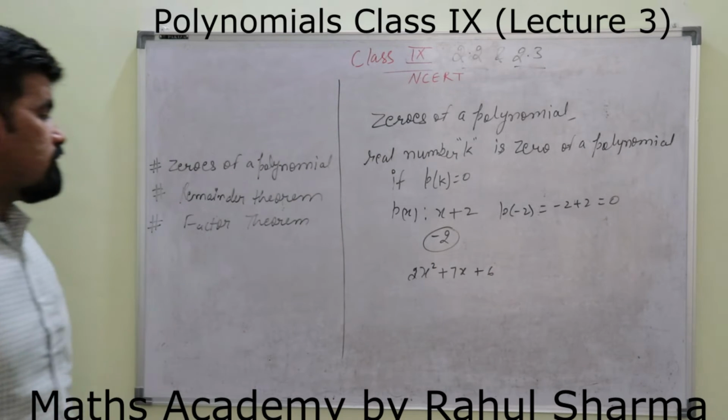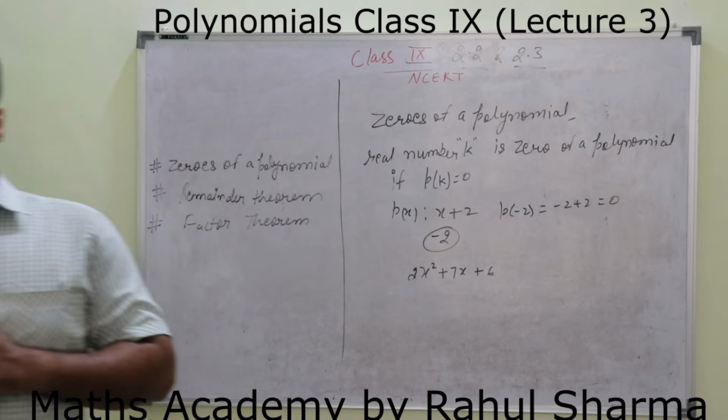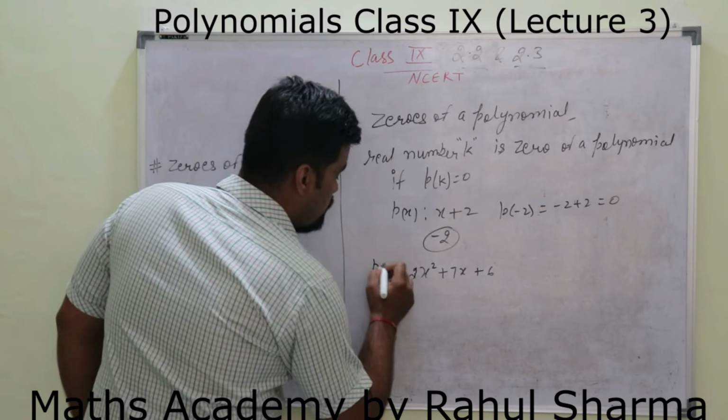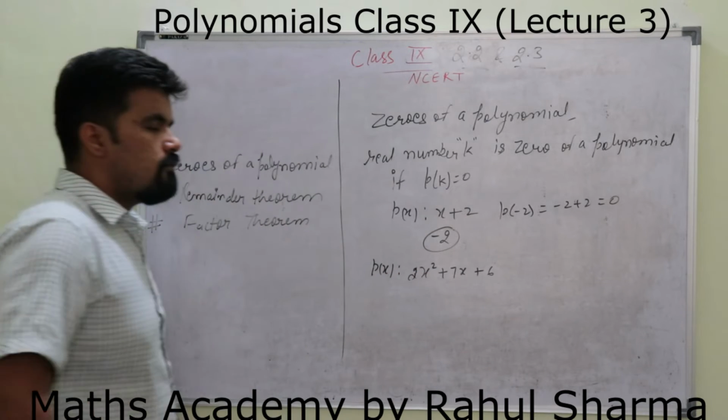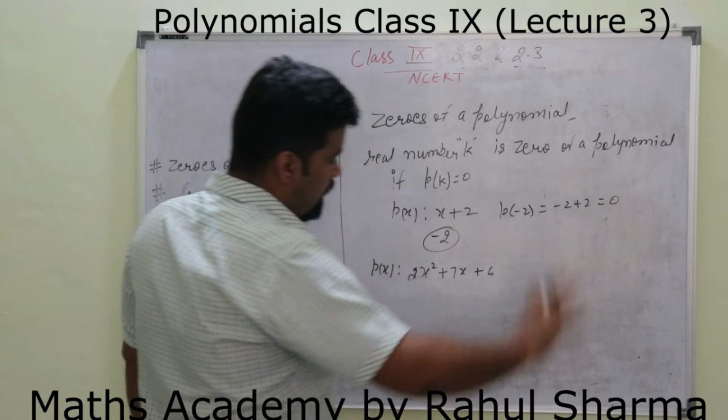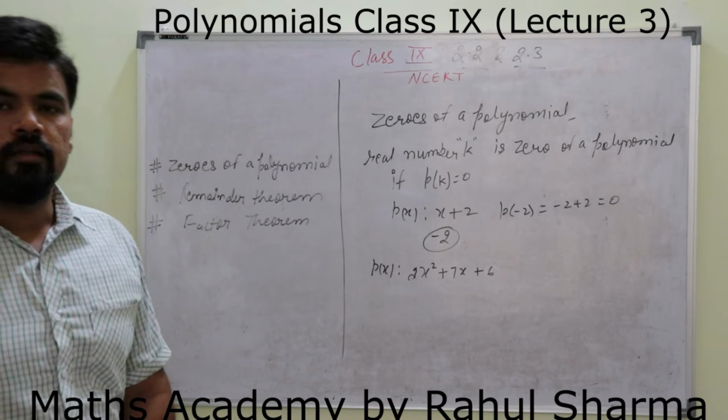Let's suppose 2x² + 7x + 6. This is a polynomial, right? Because again the degree of this polynomial is a whole number. All the powers of the variable are whole numbers, so we'll call it a polynomial.